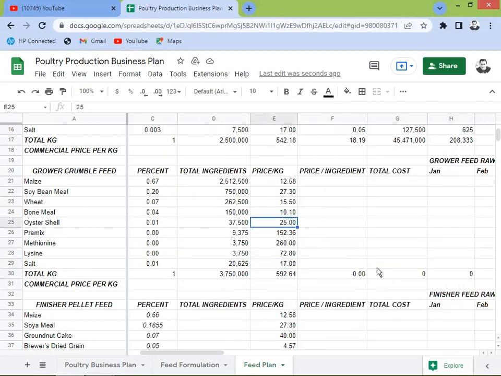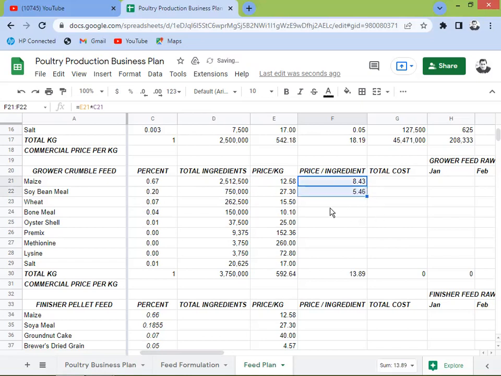I have already prepared the price per kilogram, so you don't have to input that, we save time. So we're just going to calculate the price per ingredient. You just multiply that by the percentage, and that would be 8.43 rupees that we're going to spend for the maize based on the 67% formulation.